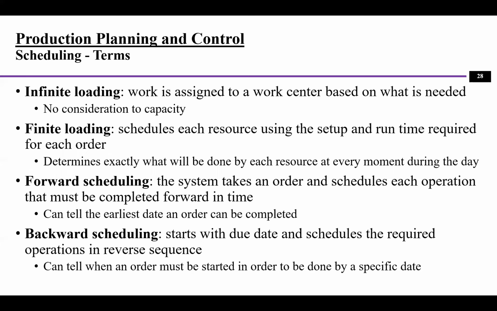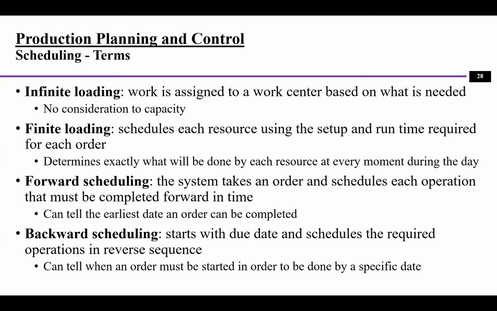Finite loading, on the other hand, means we schedule our orders based on the resources we have. The resource can be the availability of the machine, the human labor, or some other factors. And for finite loading, we can determine what will be done by each resource at every moment during the day.